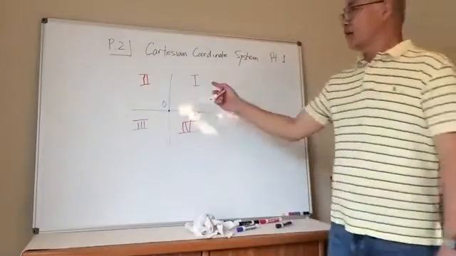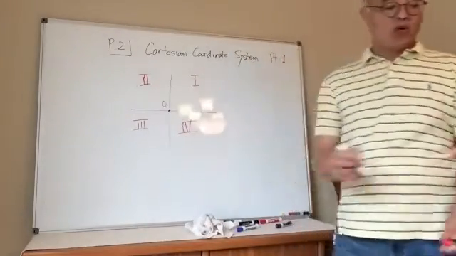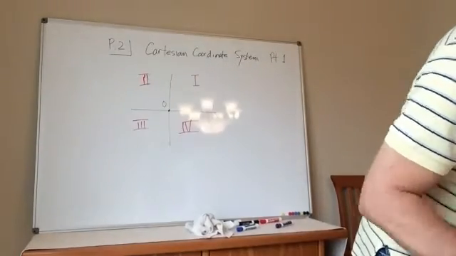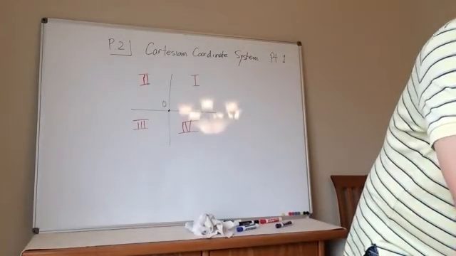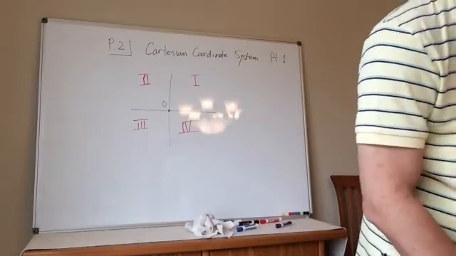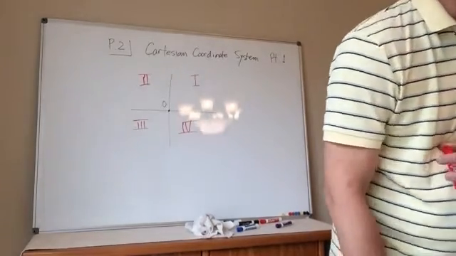Okay. 1, 2, 3, 4 quadrants, right? Okay, we're going to skip example 1. All that is plotting stuff, so we're not going to do that.